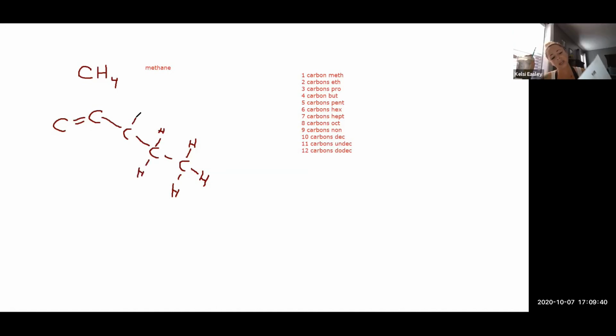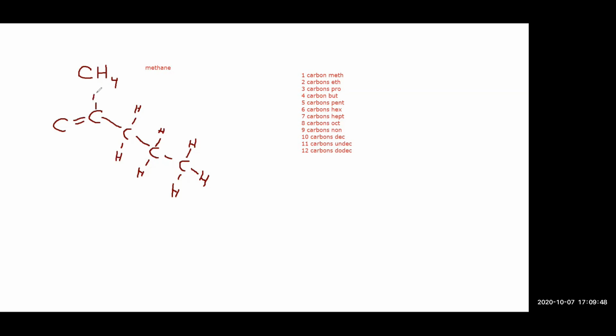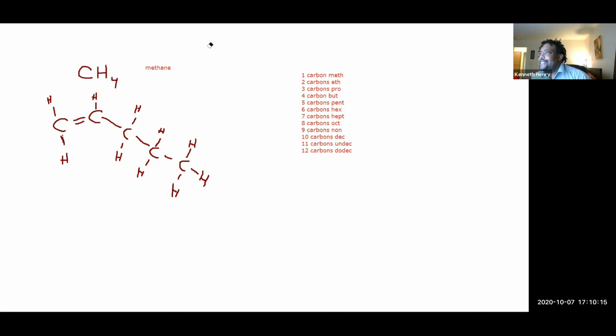So the ending would be ene, but it's got 5 carbons, so it'd be pentene. Yeah, that's right. It looks like a worm. That's 4. Okay, so we said pentene. Sounds good.